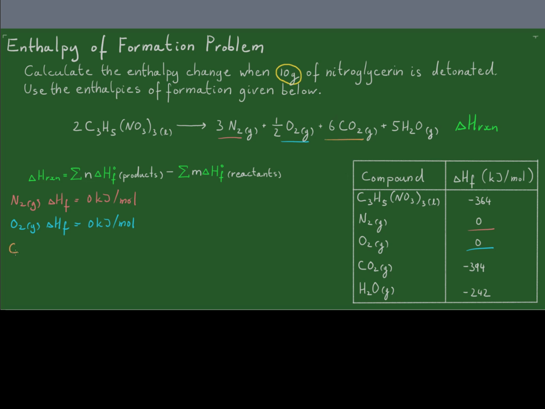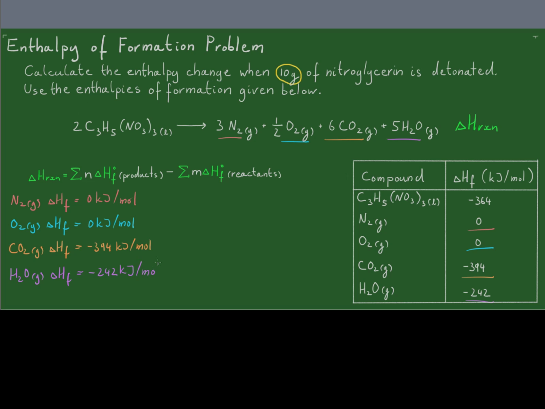Next, carbon dioxide. Its enthalpy of formation is given as negative 394 kilojoules per mole. And finally, on the product side, we have water, and the enthalpy of water in its gaseous state is given as negative 242 kilojoules per mole.